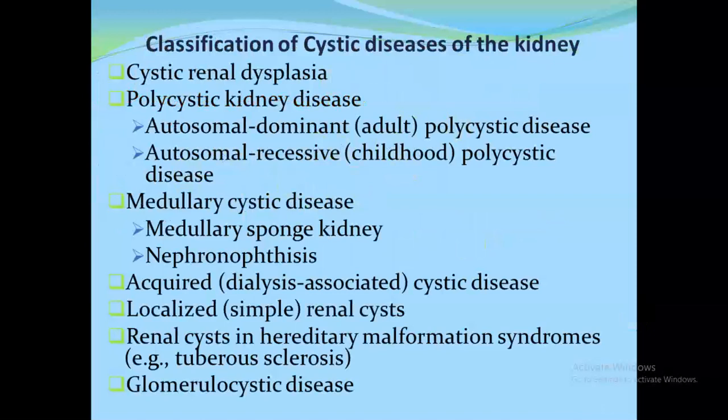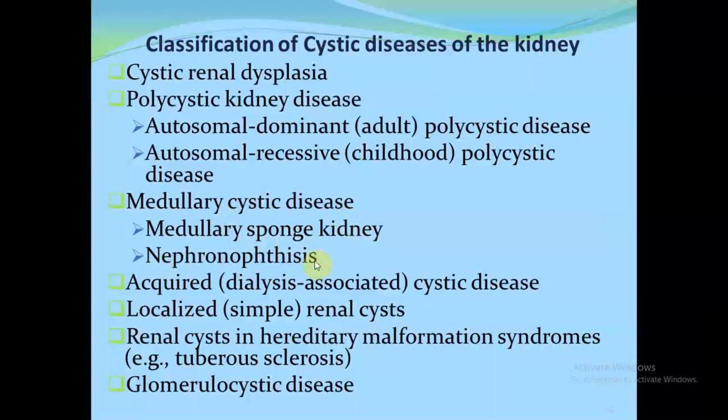Medullary sponge kidney is a congenital disorder of kidney that is characterized by cystic dilation in the collecting tubules. Here the collecting tubules will have dilation. The problem with medullary sponge kidney is that it is associated with recurrent UTI and then stone formation.